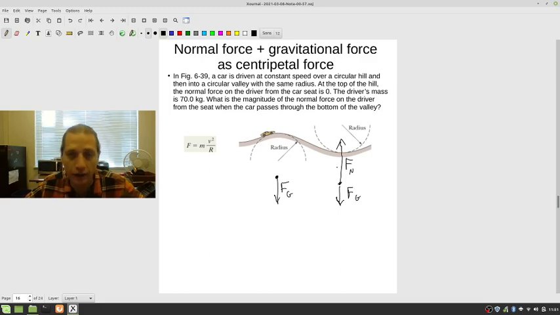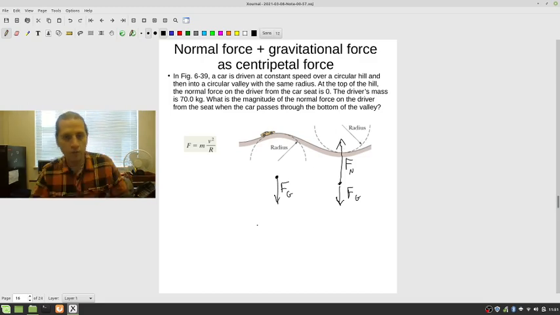However, in both cases, because that v squared over r is the same, the net force is the same size. It has the same magnitude, but in different directions. Here the net force is down towards the center of this circle. In the other, the net force is up towards the center of that circle.